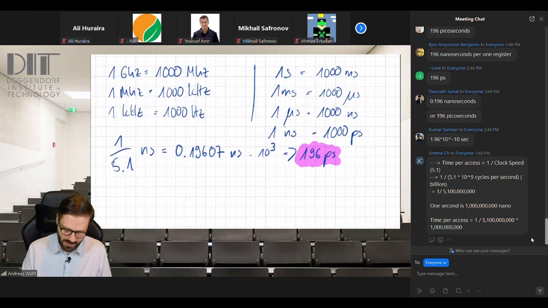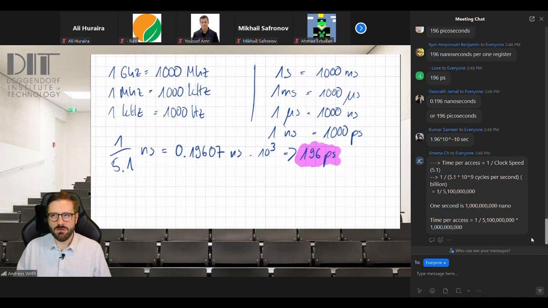So for those who have 196 picoseconds, this is absolutely correct. And the task is not as trivial as it first looks. The task trains you to work in the right units. And this is important for this kind of calculation. And it gets more important when we talk about bandwidth and data rates in the network parts.